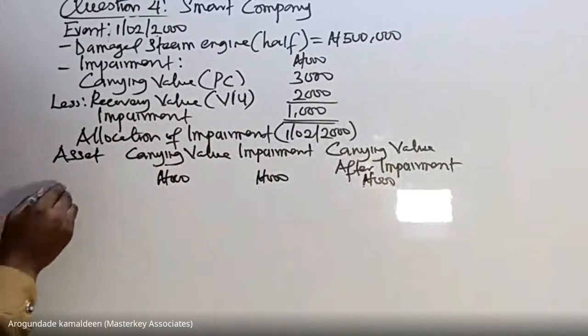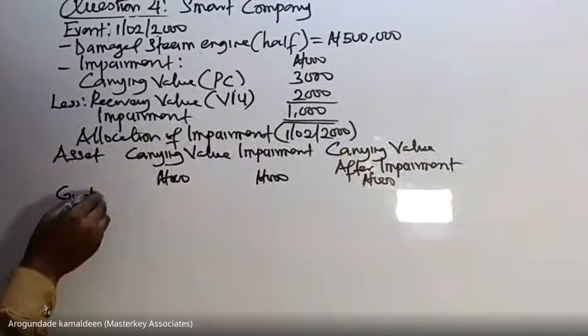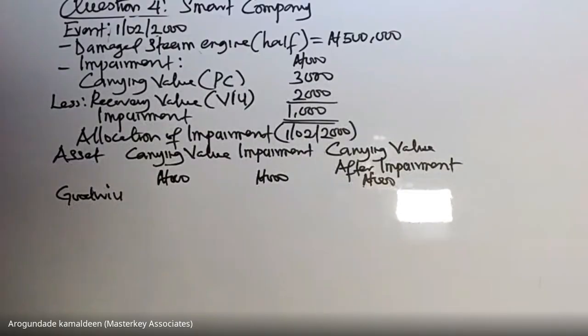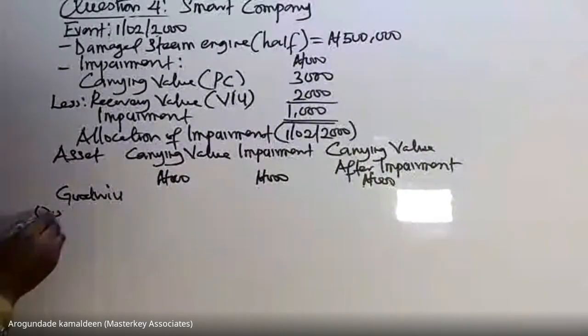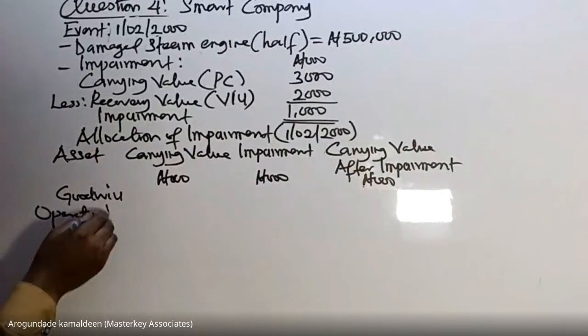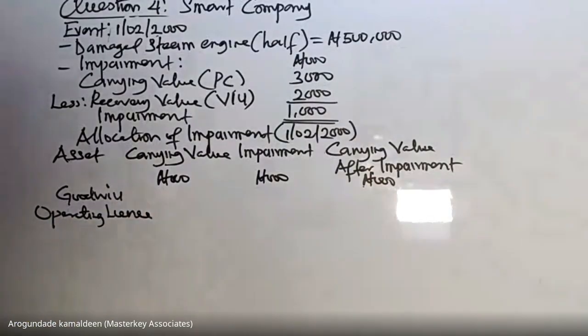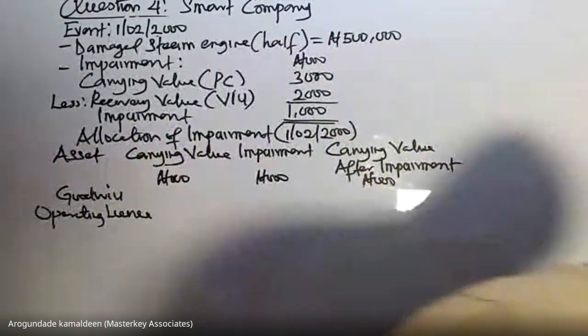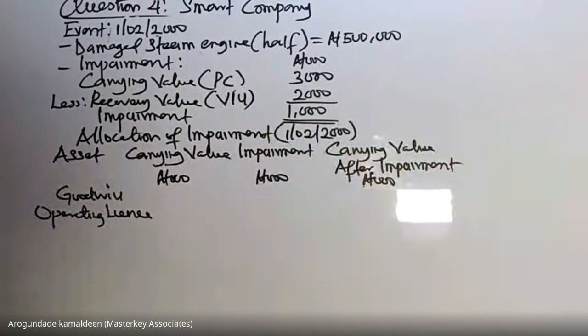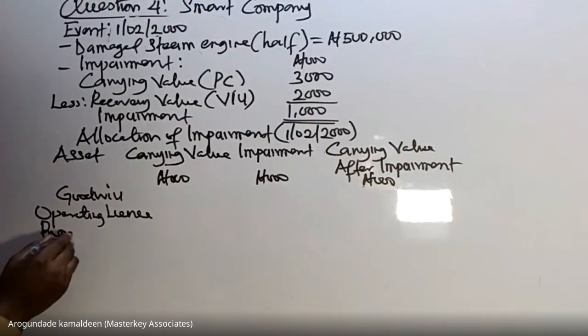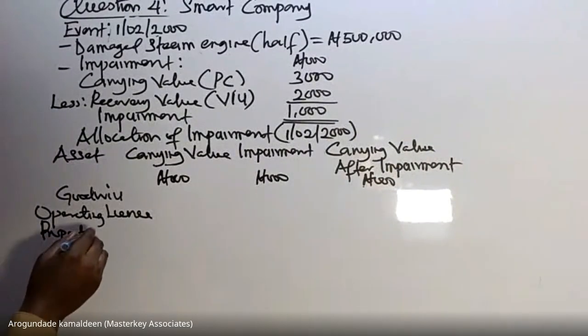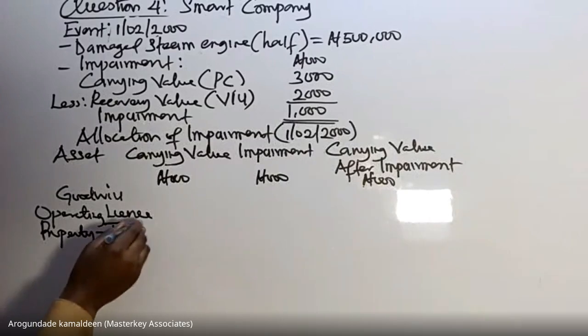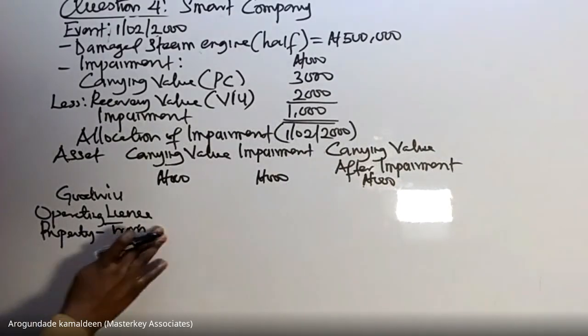Here you have the goodwill first. Next, the operating license. Next, we have the property, the train station and land.